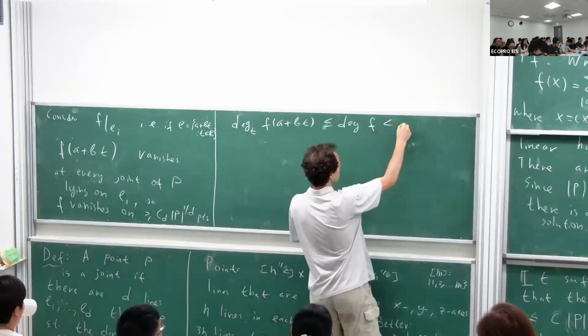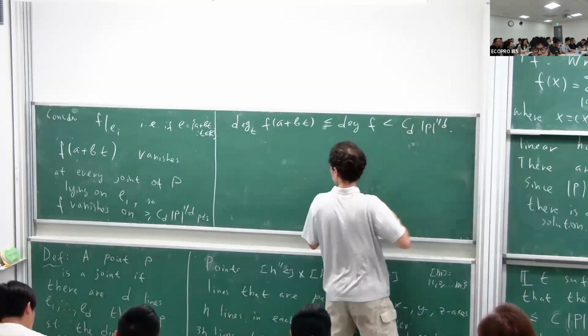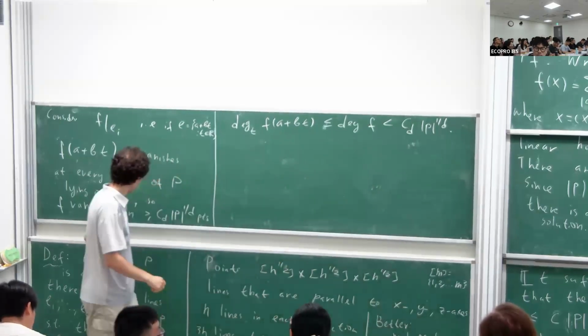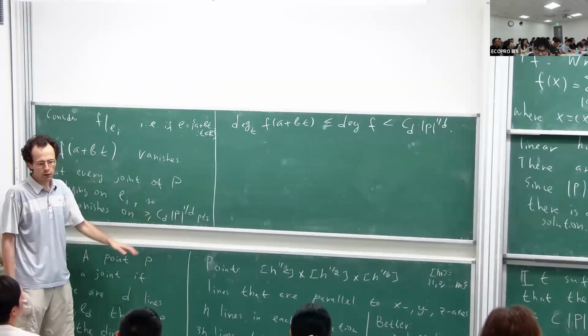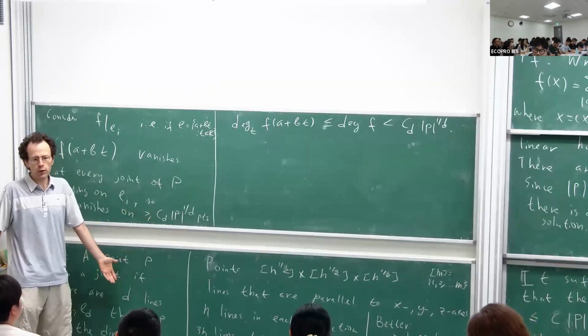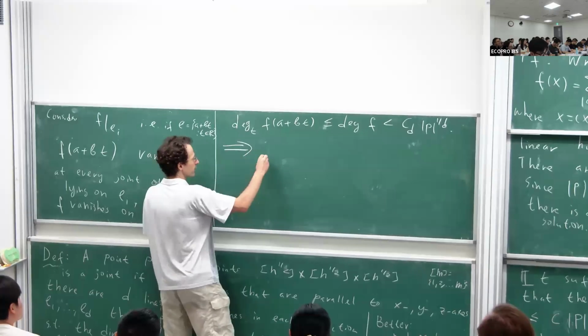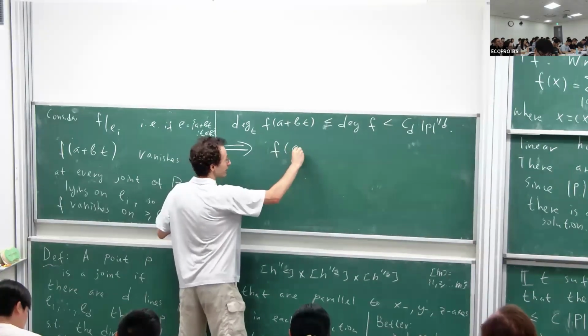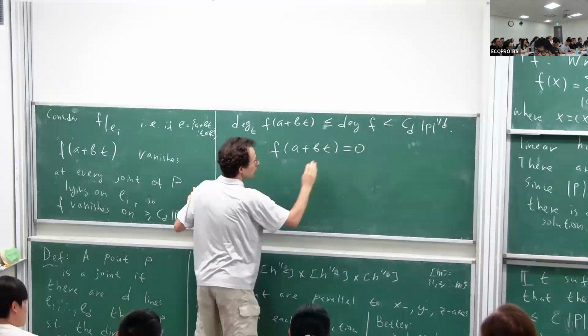And by our assumption, it's at most this much. So we have a polynomial of small degree which vanishes at many points, and there is only one conclusion we can draw. It's a zero polynomial. So F of a plus bt is zero.